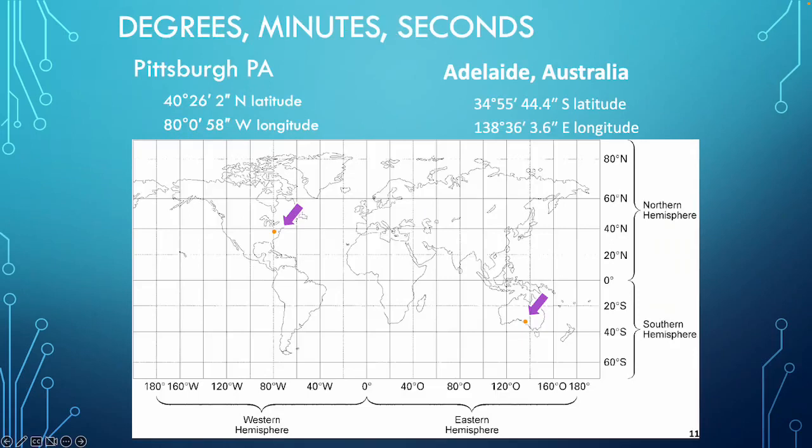Now because we're dividing things up into degrees, we often report more exact measurements of where we are in degrees, minutes, and seconds. It's kind of a function of subdividing. It is related in a sense to time too, because it takes 24 hours for the Earth to turn all the way around to make one rotation.